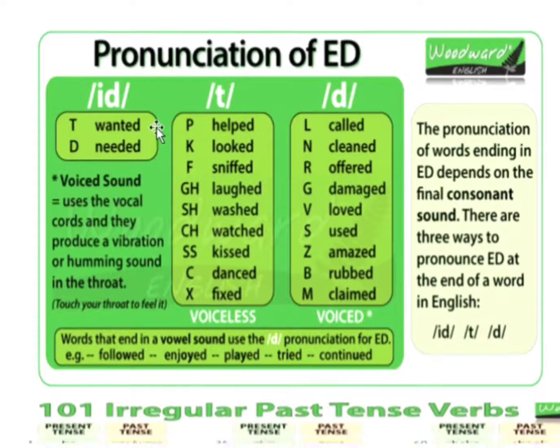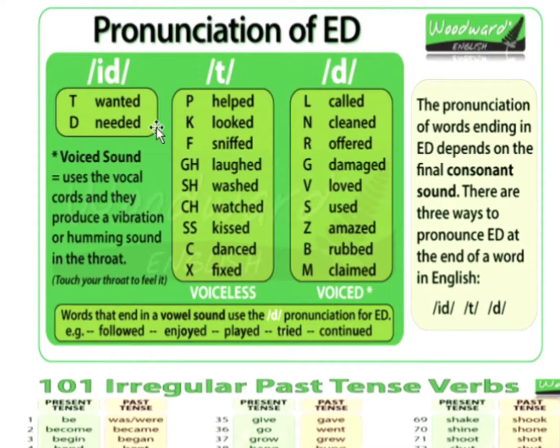Now, the verb to be is an irregular verb, because it changes depending on the tense. For example, in present, I told you we have am, is, and are. Now in past, we have was and were. So the structure, the order of the letters, changes.